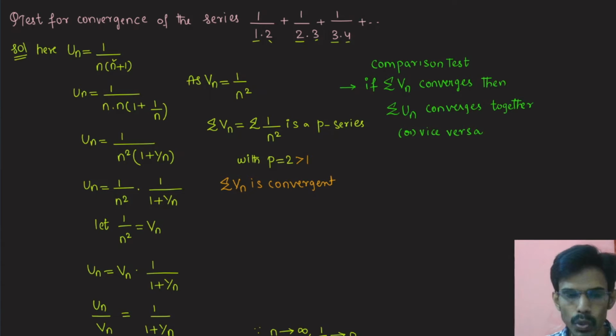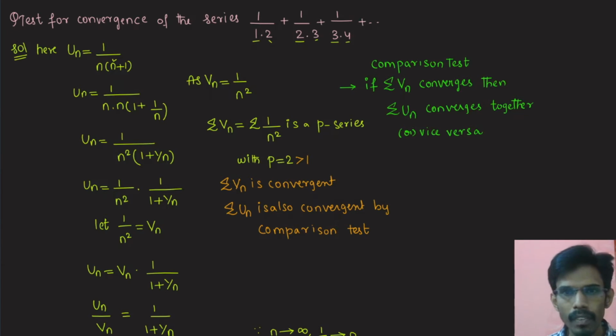So if this Vn is convergent, then sigma un must be convergent, is also convergent by comparison test, because comparison test says that if sigma Vn converges, then sigma un converges together, or if sigma Vn diverges, then sigma Un also diverges together.